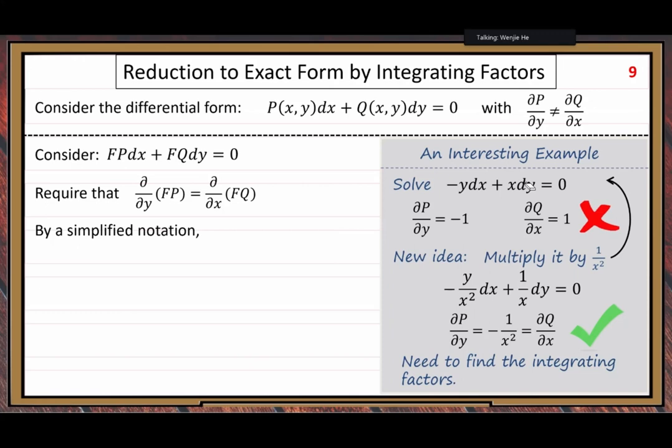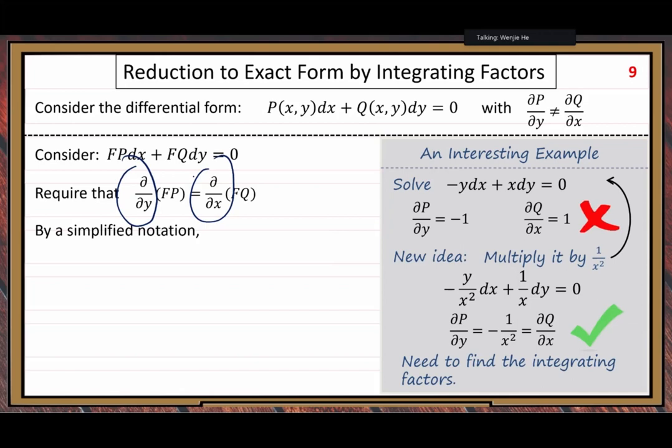But if you use this partial way on both sides, it's too complicated. So we want to use a simplified way, still partial derivatives, but in a simple way.